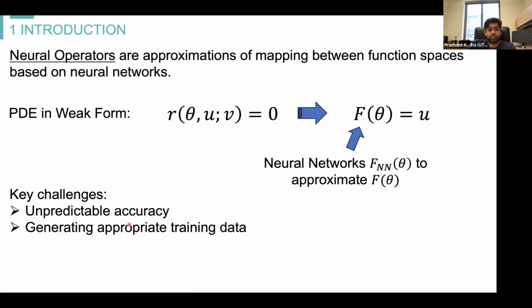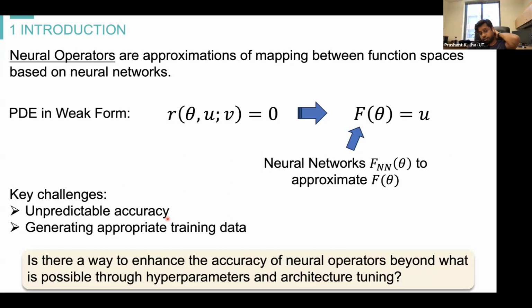And this is related to, okay, so having said that, the question that I want to ask in this talk is: is there a way to enhance the accuracy of neural operators beyond what is possible through hyperparameter and architecture tuning? So there are multiple architectures for neural operators. You have many hyperparameters. So beyond what you can achieve by changing architecture or tuning hyperparameters, can you increase the accuracy further?